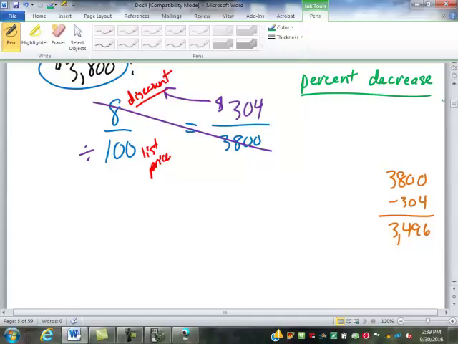A discount is a percent decrease because we're taking that discount and removing it from the full price to get what we're going to pay. So here the $3,800 was the list price or the full price, whatever words you want to use. The 304 is the discount. We're subtracting that discount. Then we're getting the amount we paid.